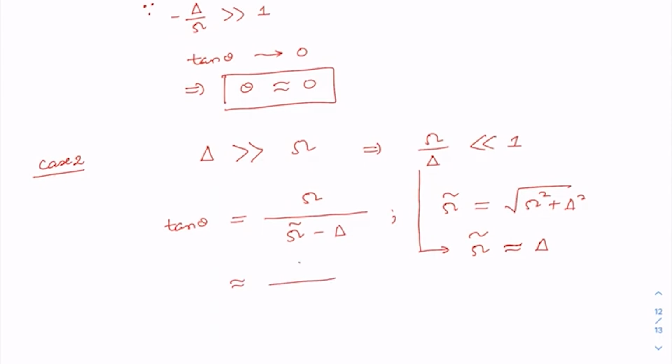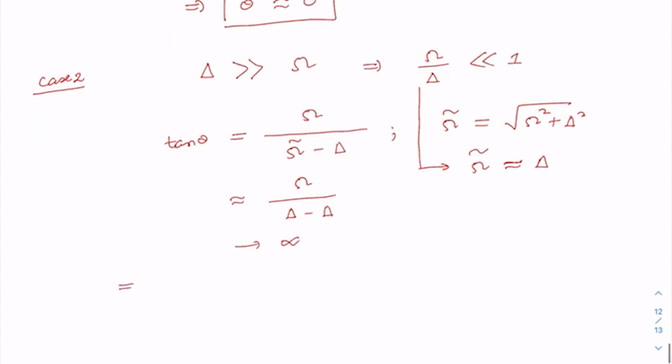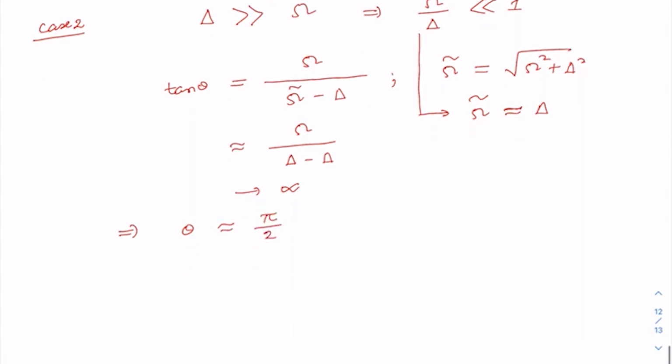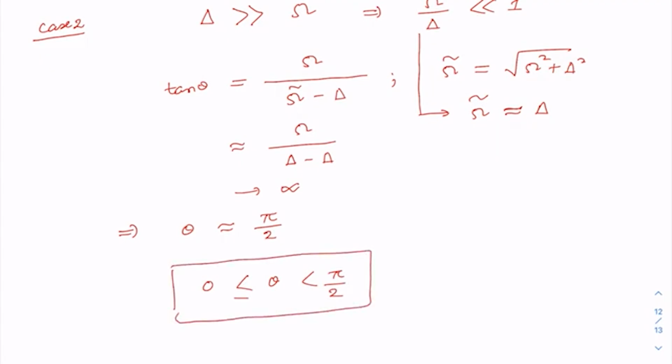So I have here omega divided by a very small quantity, so it tends to infinity. This implies that my theta approaches the angle pi by 2. So hence we have the angle lying between 0 and pi by 2. This is the meaning of these bounds.